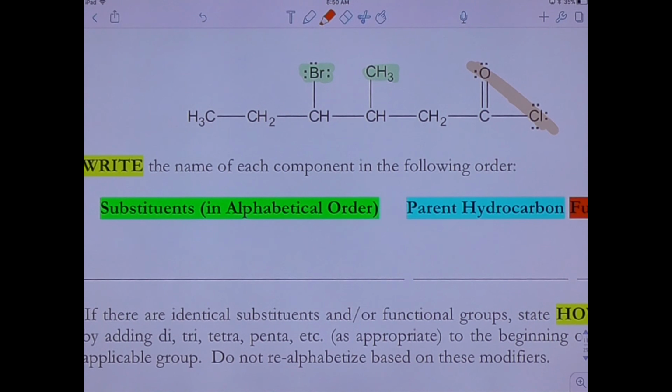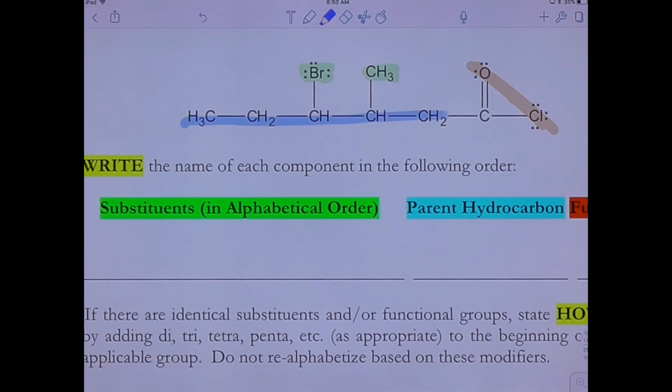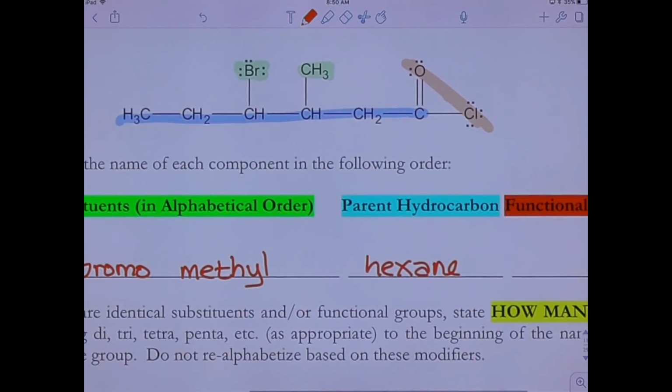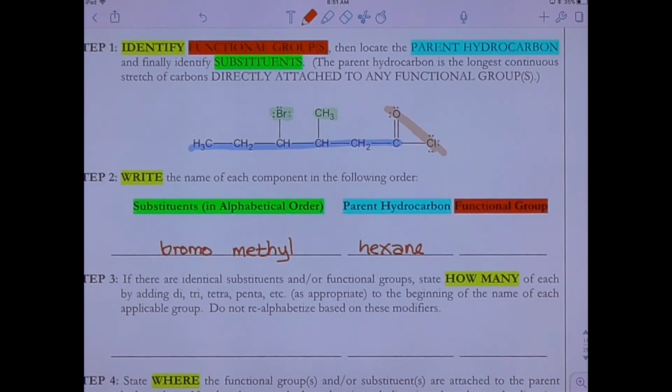Bromomethyl, okay? I don't know, do we have 6? Probably. Yep. Bromo, methyl, hexane. Okay, and this is where you don't quite know yet, but this is an acyl halide.